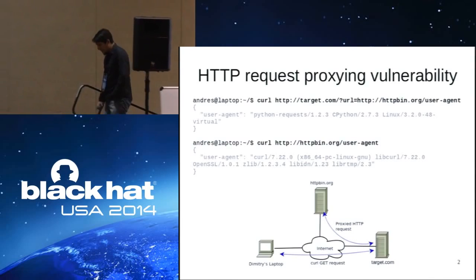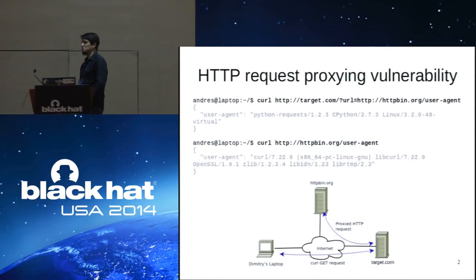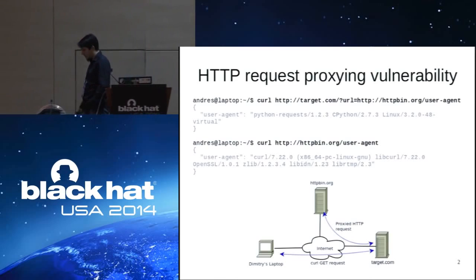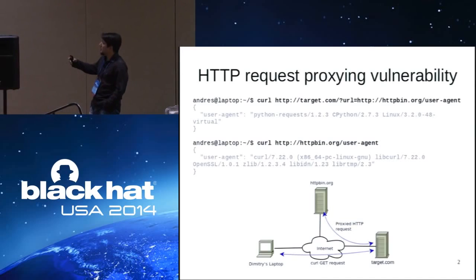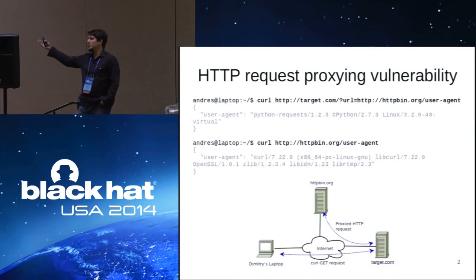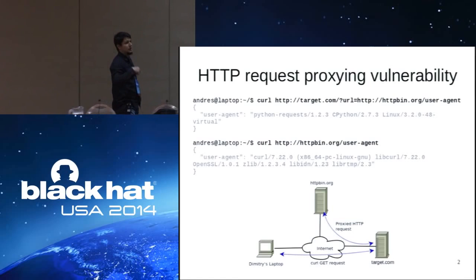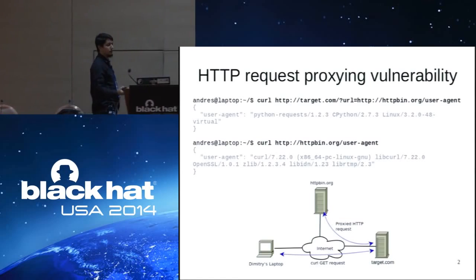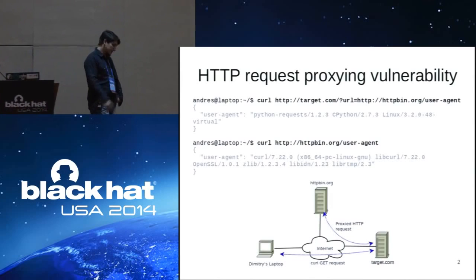So I found this and I said, okay, what can I do? I tried different paths. For example, you can replace the URL parameter with file colon slash and try to read a file from the file system where the vulnerable web application lives.